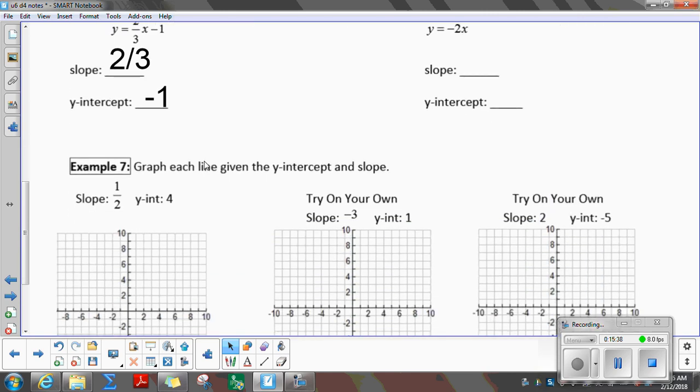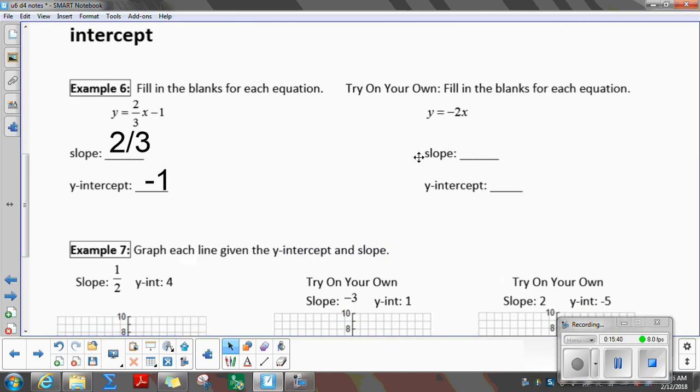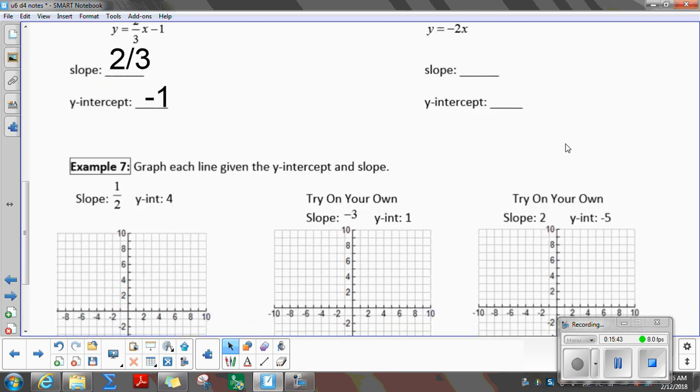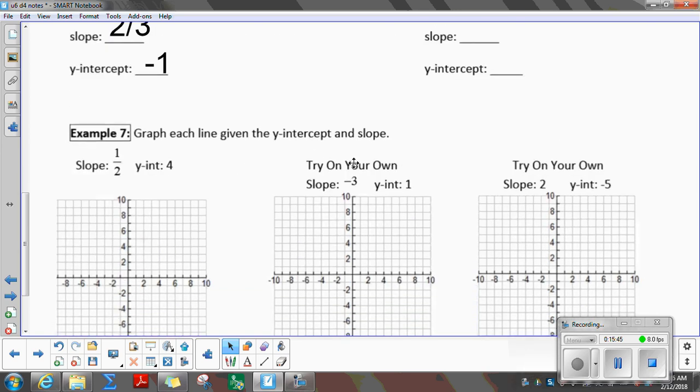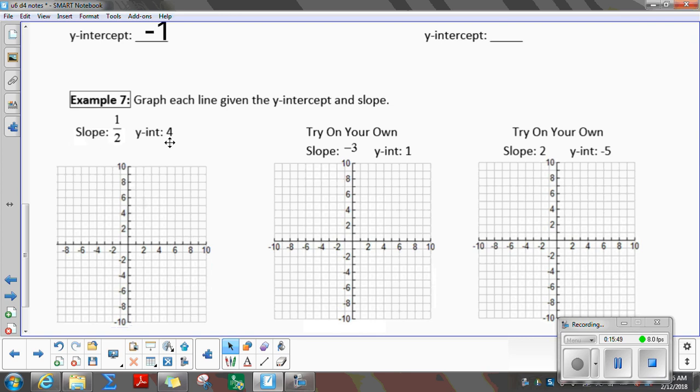The next example, oh, you guys are trying this one on your own, don't forget. So example 7, we have to graph these using the y-intercept and the slope. So when we're given a slope and a y-intercept, or an equation, we always want to plot the y-intercept first, because that's the only point they gave us. So we plot the y-intercept of 4, when y is 4, and then we use the slope, rise over run, to get our next point.